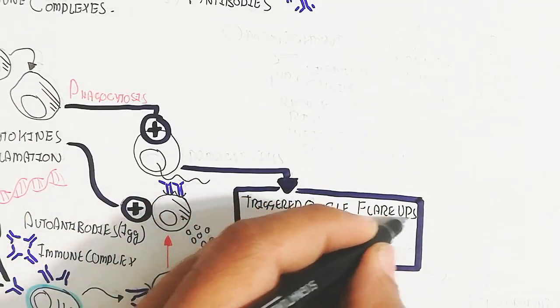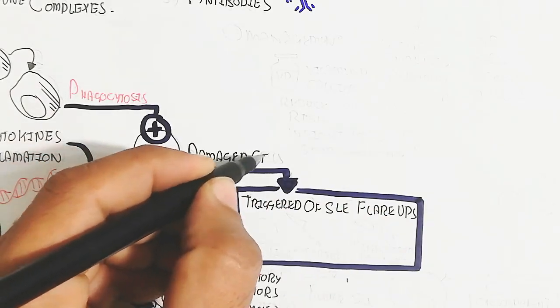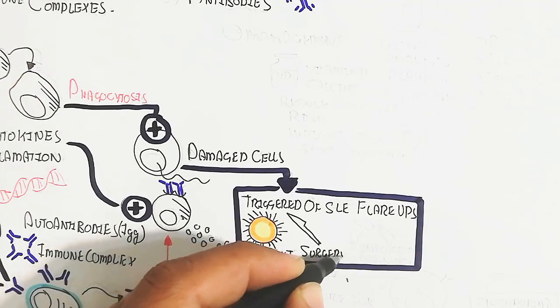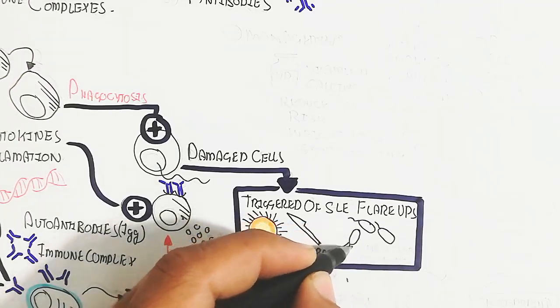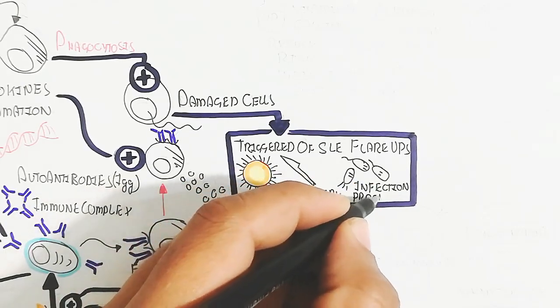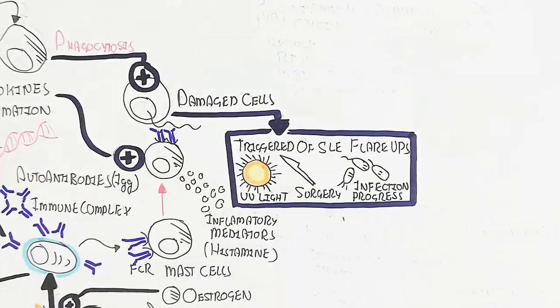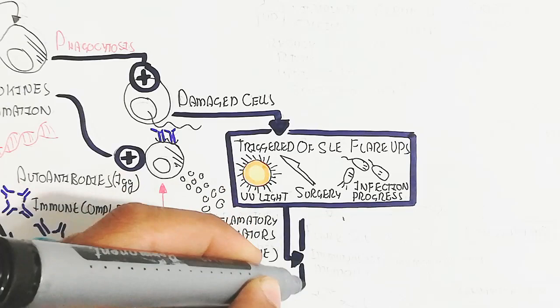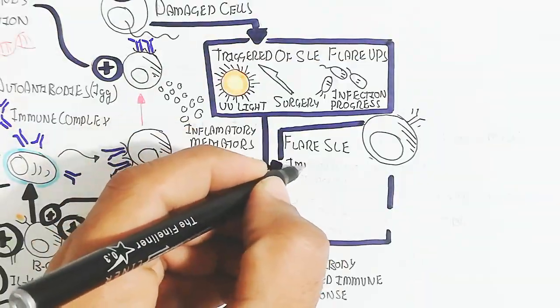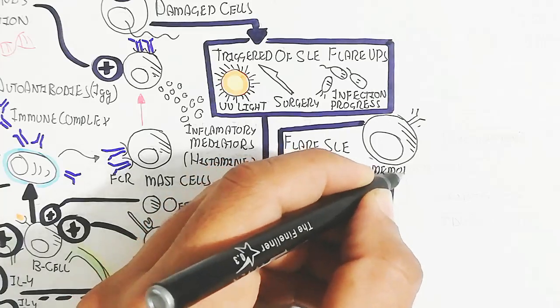So in this way the damaged cell triggers SLE flare-ups. These flare-ups are due to UV light, surgery, and infection progression through bacteria or virus. So remember the triggers of SLE flare-up. Flare-up means the content of the cell will be left behind.